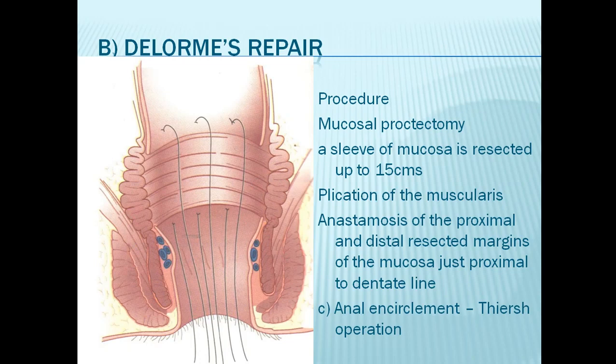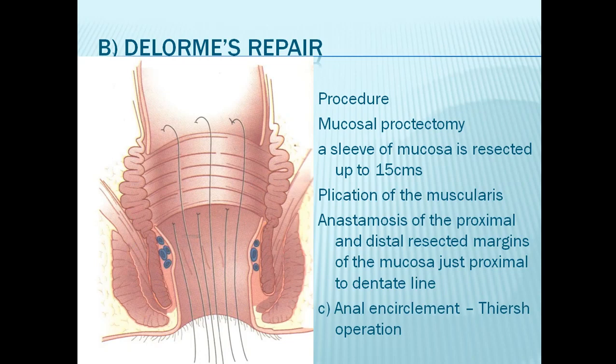Or you can do a Thiersch operation or anal encirclement. That is, a circumferential stitch is taken in the submucosal plane round the clock position. Maybe you start from 3 o'clock, go to 6 o'clock, then to 9 o'clock, then to 12 o'clock, then come to 3 o'clock.